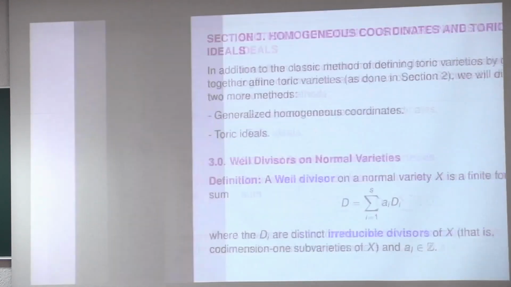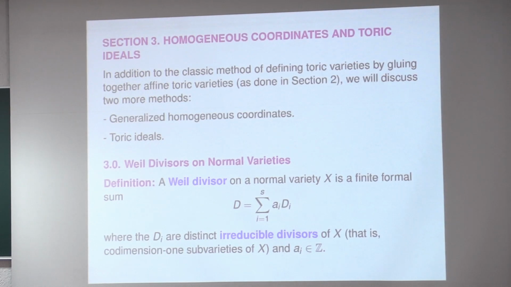Now, let's start a little bit in the last few moments that we have, the next section. This one talks about something called homogeneous coordinates and something called toric ideals. Because up to now, we gave one construction of toric varieties. We said, out of a cone, I get the affine ones. Out of a fan, I get all of them. A cone in particular is a type of fan.